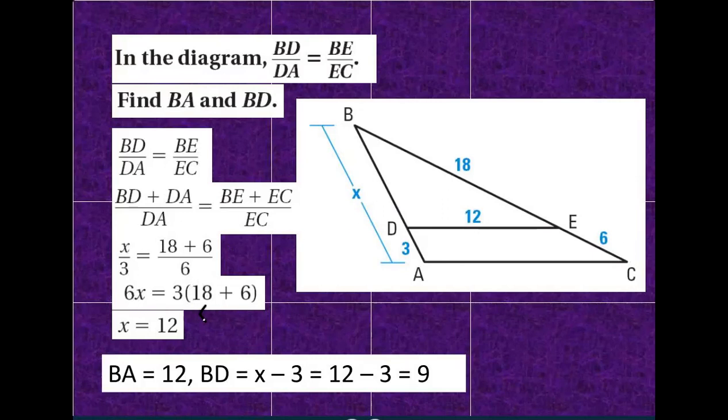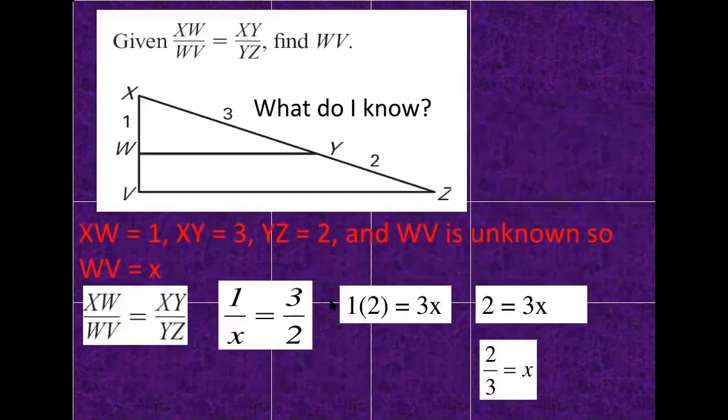We will make a cross product. Then we find that the value of x equals 12. Now we are looking for the value of BD, then it will be 12 minus 3 equals 9. So this is how we can use properties of proportions to solve geometric questions.